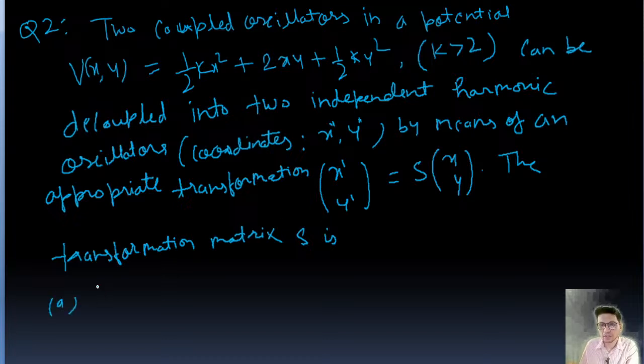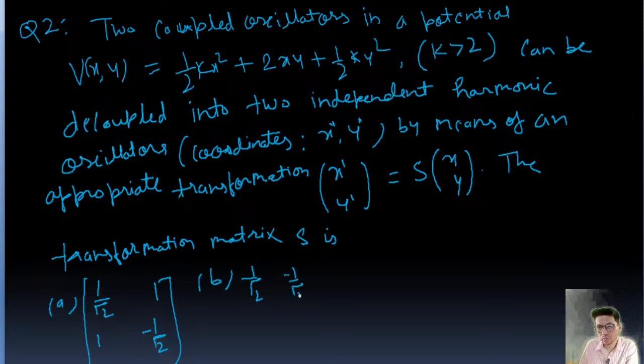Options are: option A is 1 upon root 2, 1, minus 1, 1 upon root 2, this matrix. Option B is 1 by root 2, minus 1 by root 2, 1 by root 2, 1 by root 2.